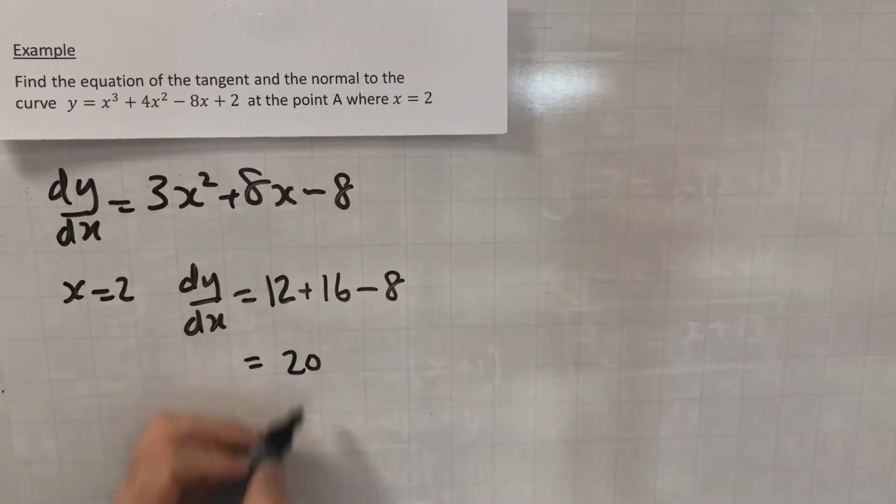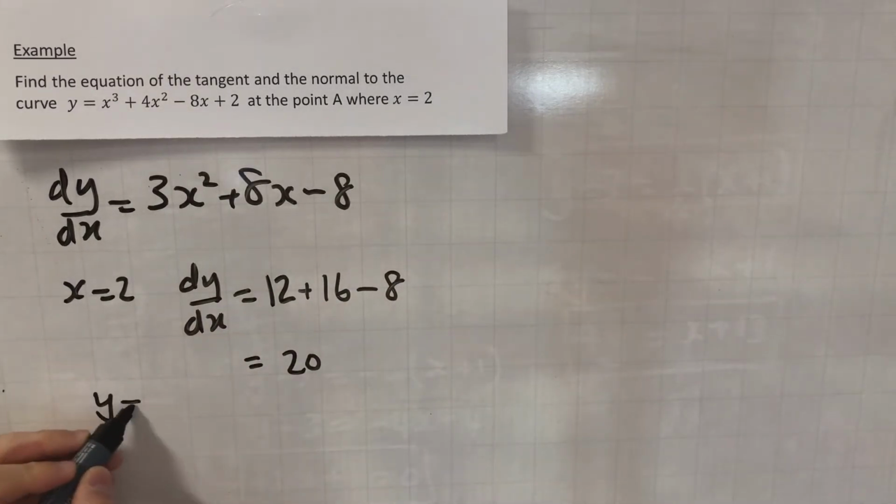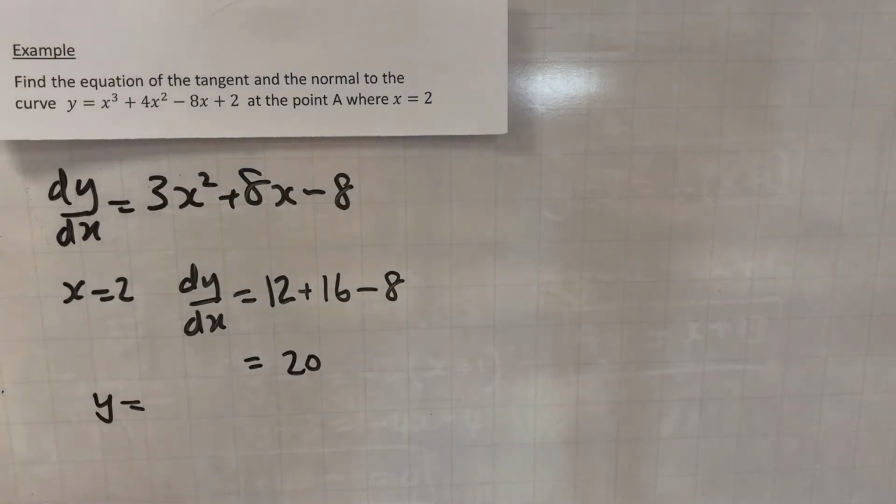So that is a gradient of 20. We have not been told the y coordinate here, so for speed I'll use the calculator. We have got 2 cubed plus 4 lots of 2 squared, take 8 lots of 2 plus 2, which comes out to be 10.